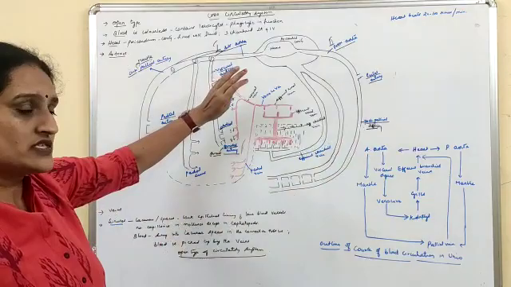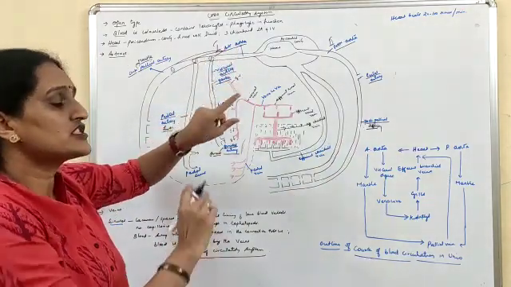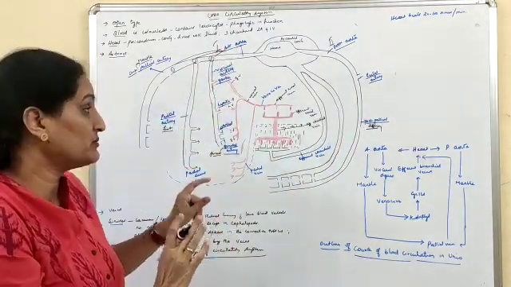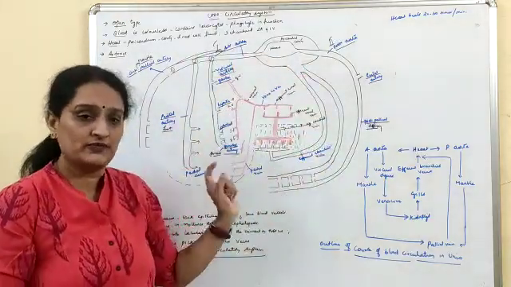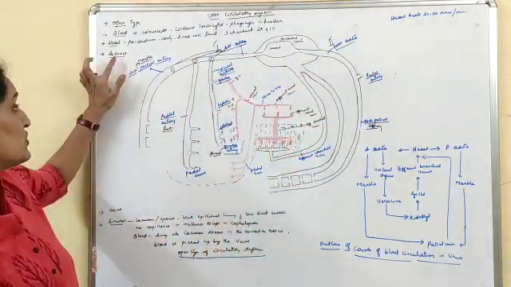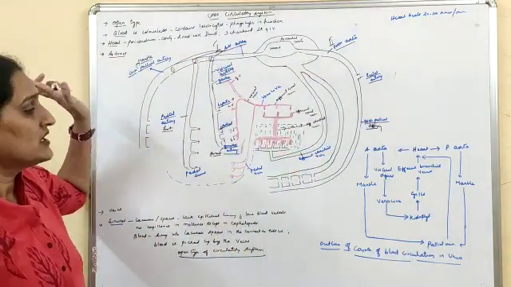Now, this is the course of circulation of oxygenated blood from the heart to different parts of the body. So, all this will suffice for your arteries.